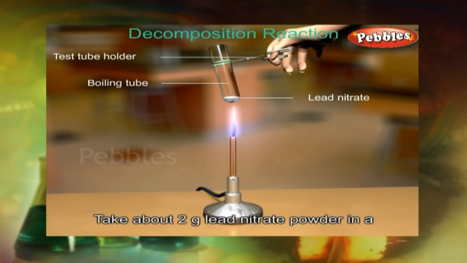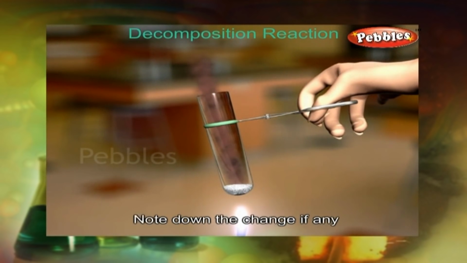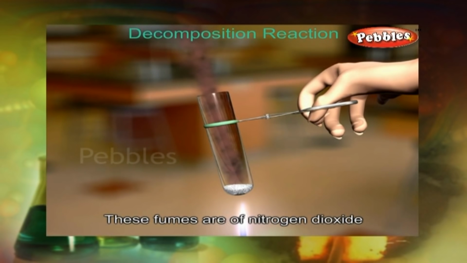Take about 2 grams lead nitrate powder in a boiling tube. Hold the boiling tube with a pair of tongs and heat it over a flame. What do you observe? Note down the change, if any. You will observe the emission of brown fumes. These fumes are of nitrogen dioxide.